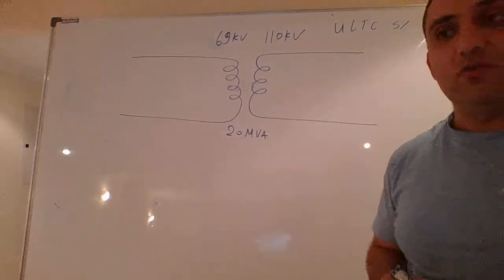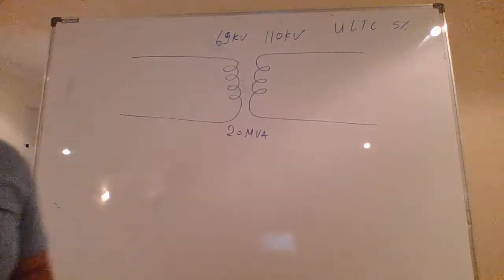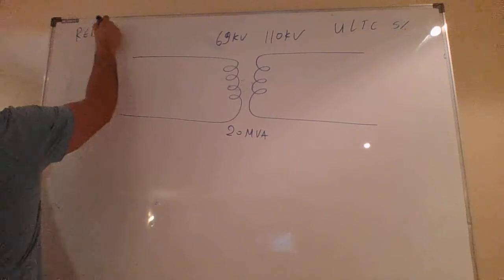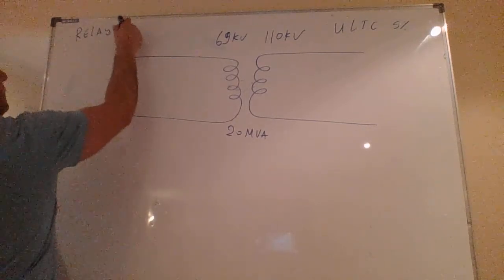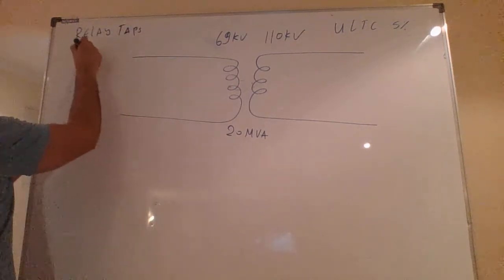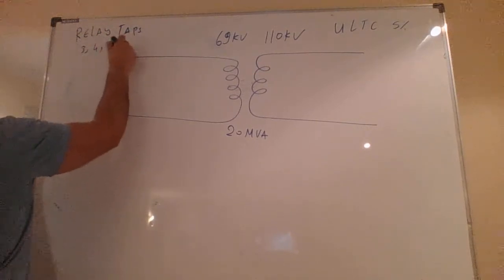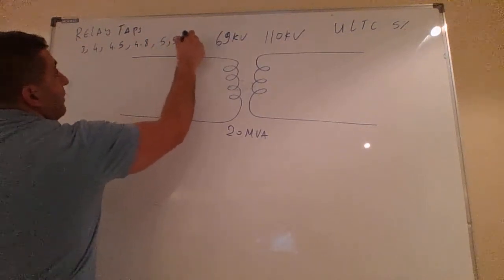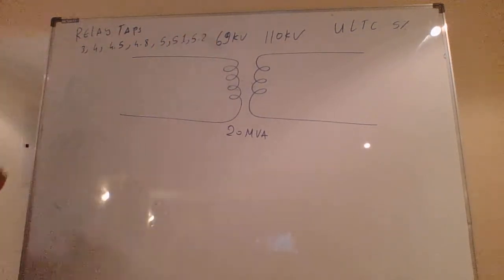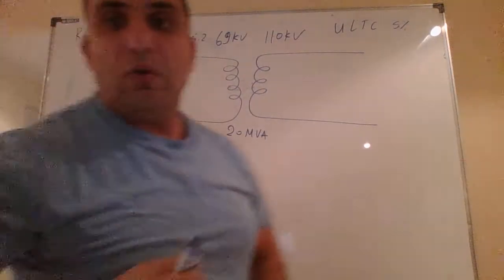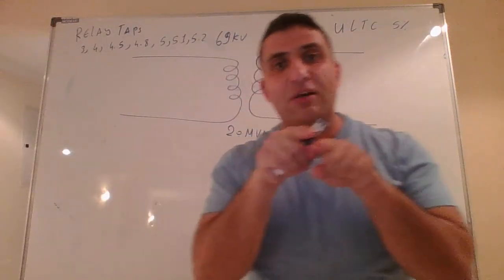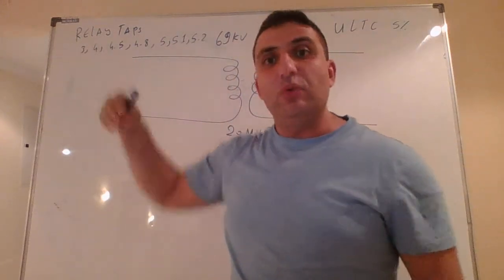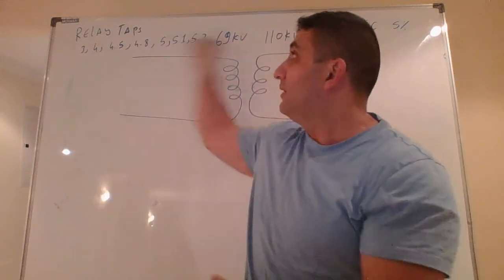In these conditions, we are going to use a relay with the following taps: 3 amps, 4 amps, 4.5, 4.8, 5, 5.1, 5.2 amps. Whenever you obtain a relay, it has these options. Why we choose this step, you will see now in part of the question.